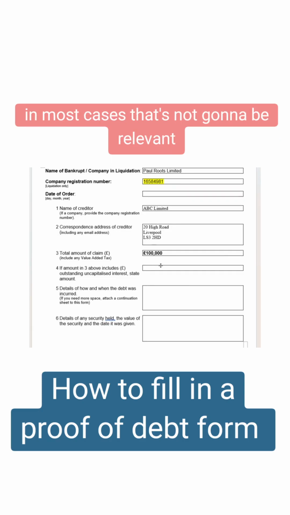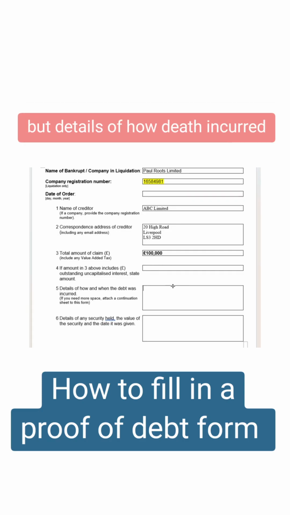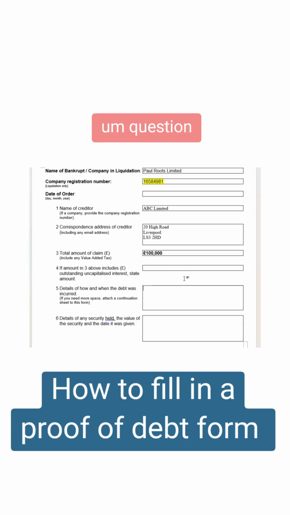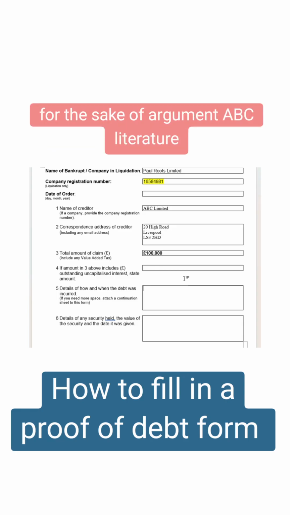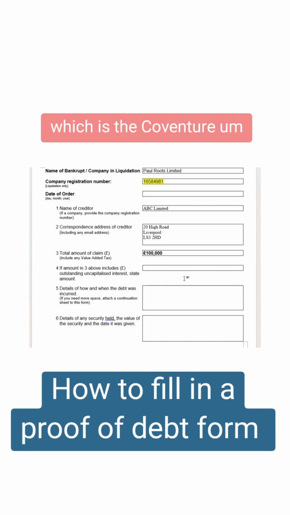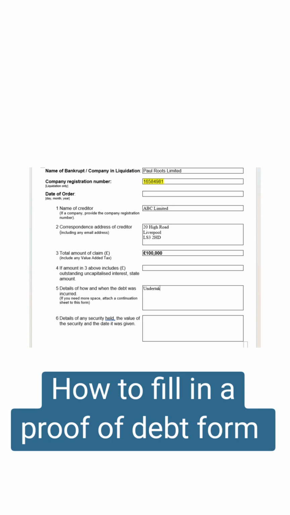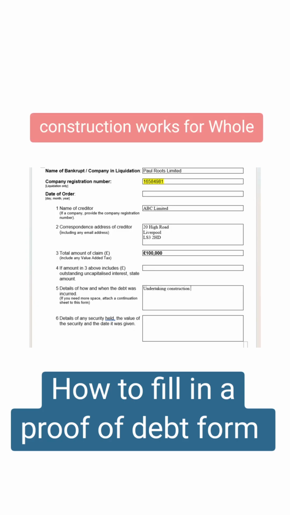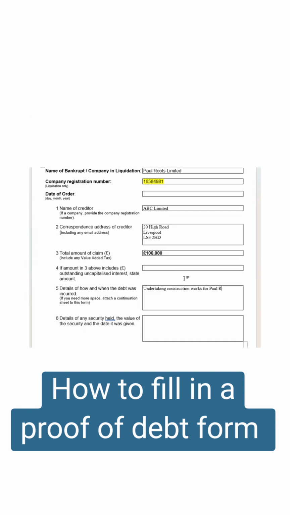Again, for most cases that's not going to be relevant, but for details of how the debt was incurred, let's assume for the sake of argument that ABC Limited, which is the creditor, was a construction company, so we can say undertaking construction works for Paul Roots Limited.